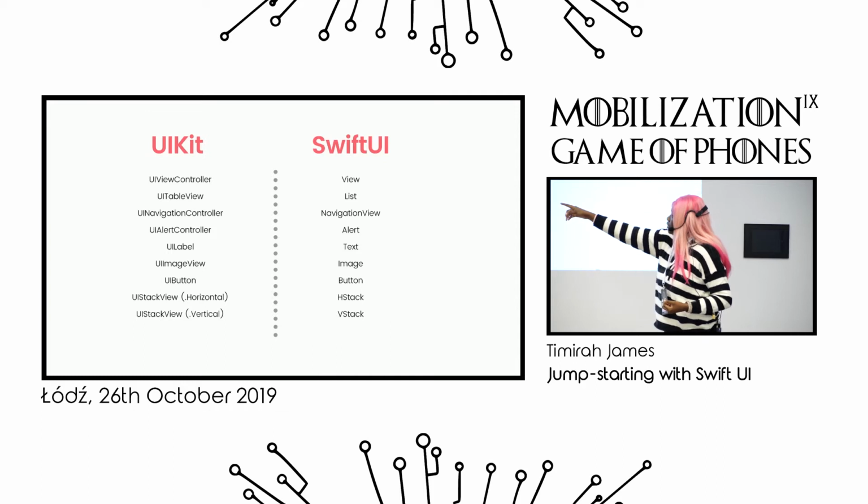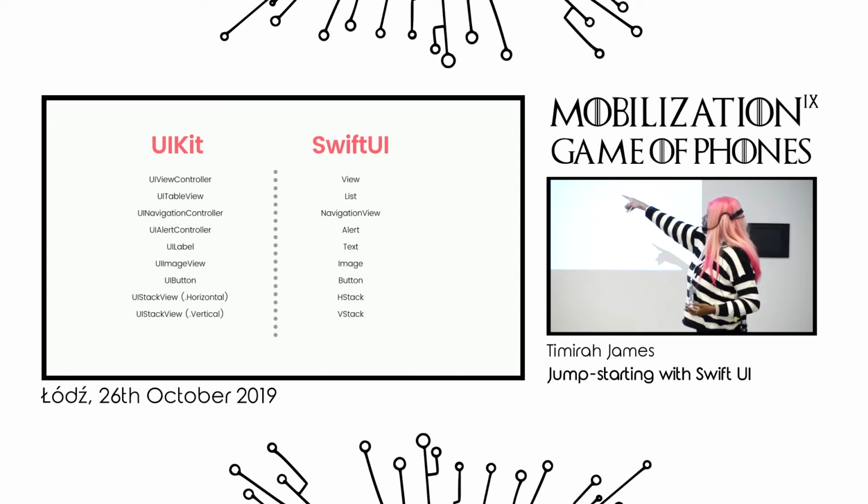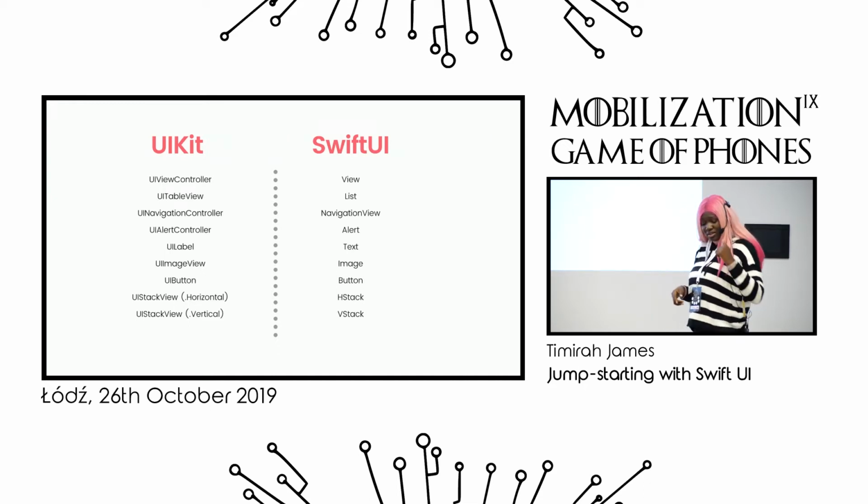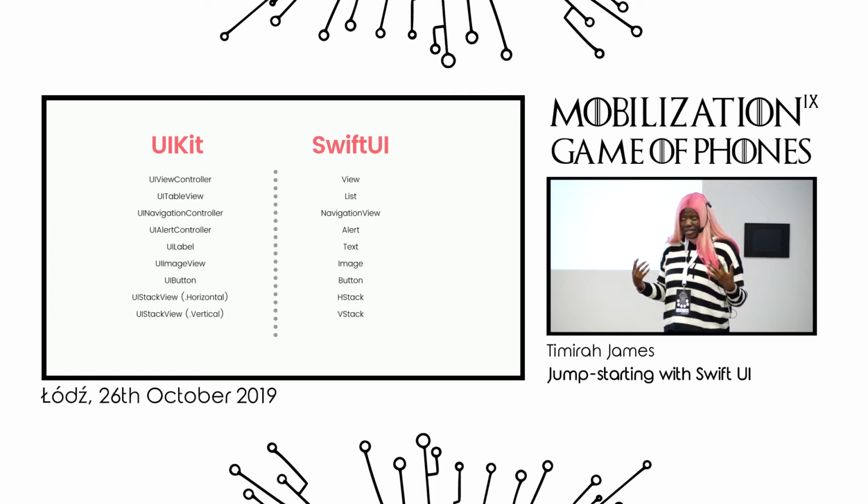So for UIStackView horizontal, it's HStack. Vertical, VStack. And then there's another one called ZStack that we're going to go over as well. So terminology alone is important to just get, because it can definitely throw you off. You're like, wait a minute, Text? Am I talking about...? Okay, cool.